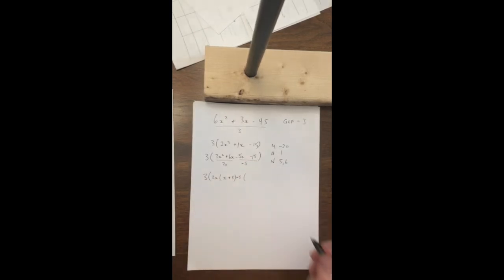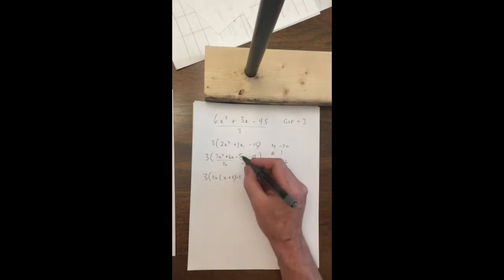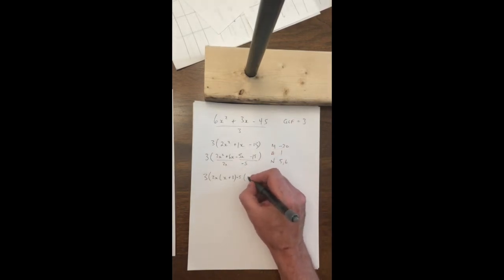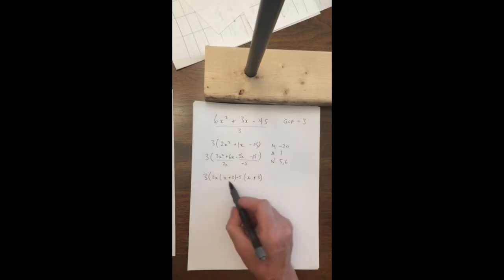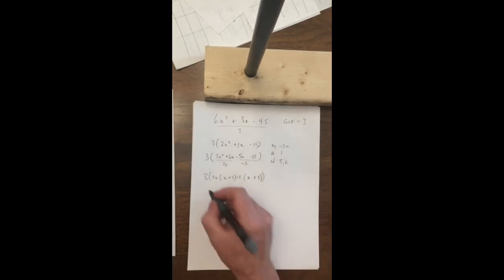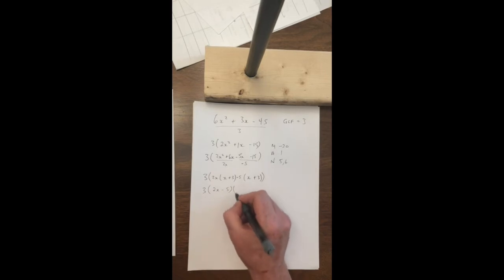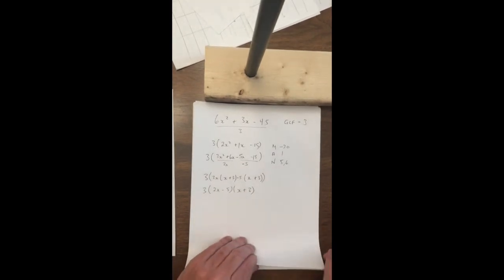So let's make it a negative 5 we're pulling out. And so negative 5x divided by negative 5 is positive x. Negative 15 divided by negative 5 is positive 3. Those match. And so 2x minus 5, x plus 3. There we go, factored.